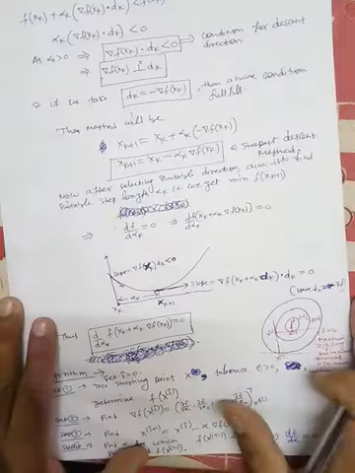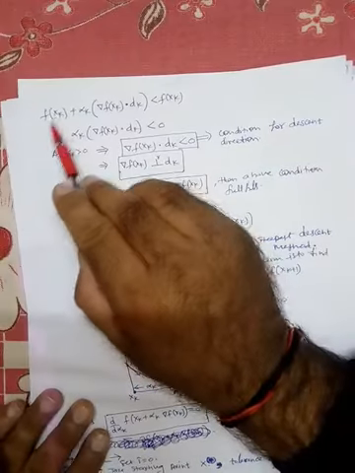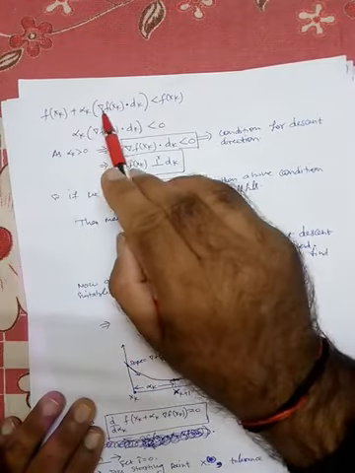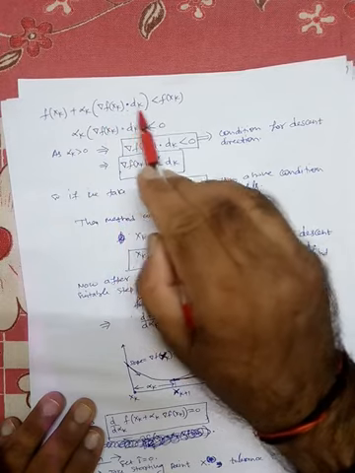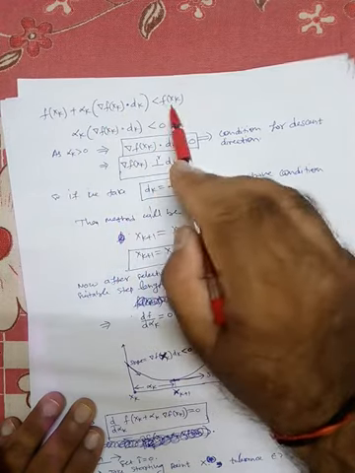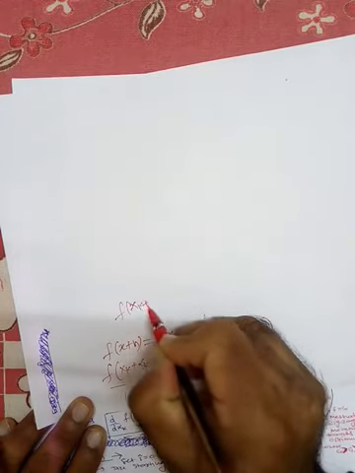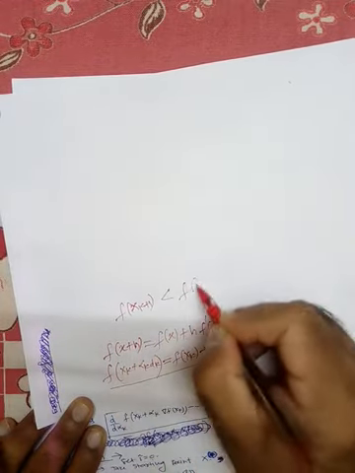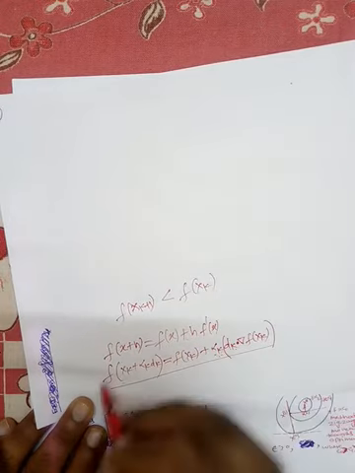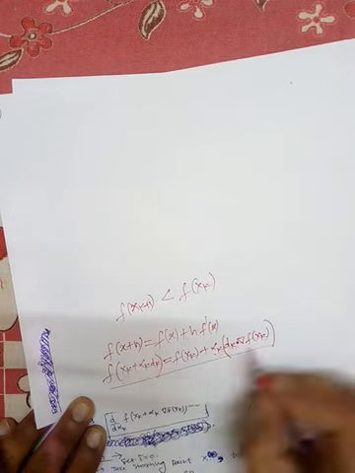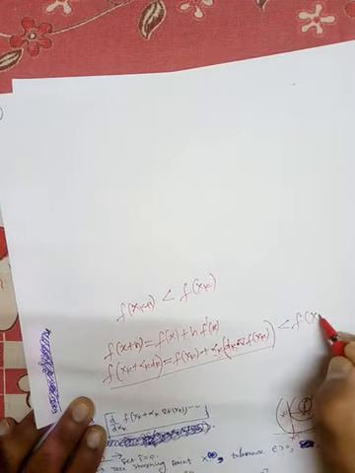Now here we have f of xk plus alpha k gradient of f of xk dot dk is less than f of xk. Because this is the condition, f of xk plus 1 is less than f of xk, so this quantity should be less than f of xk.